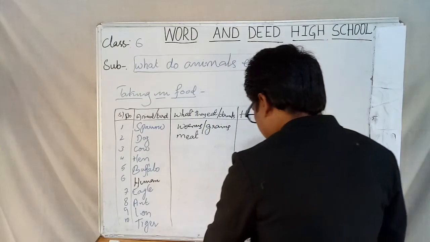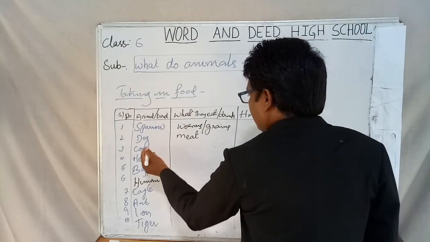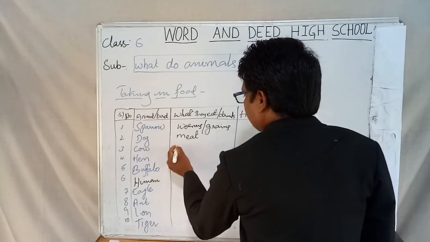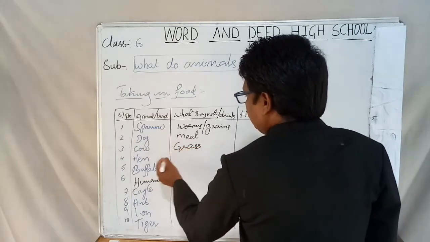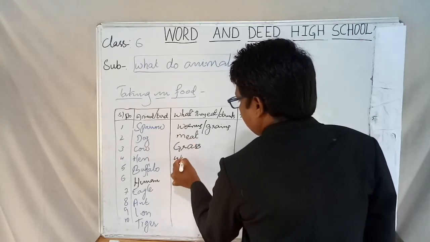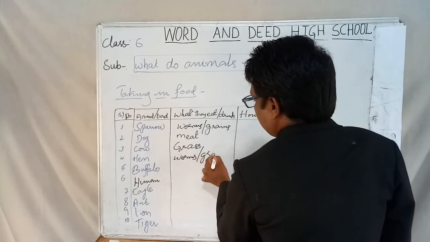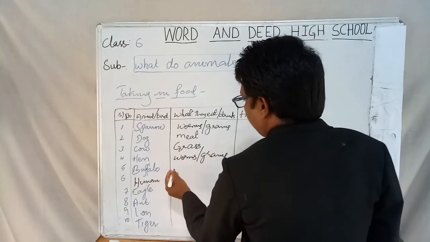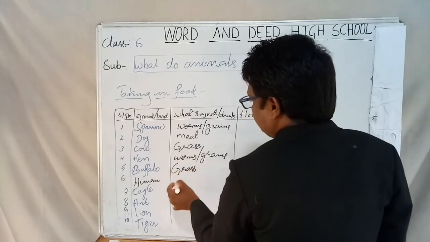Cow, grass. Hen, same as sparrow, worms and grains. Buffalo, grass.